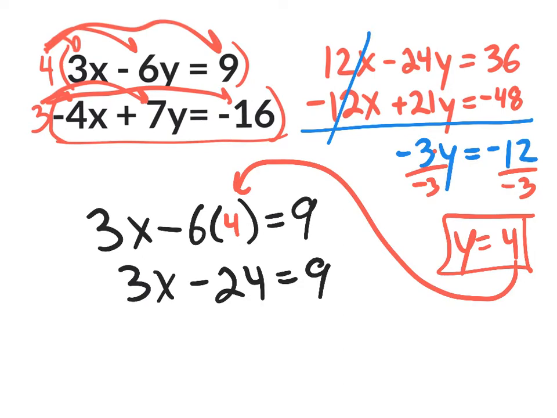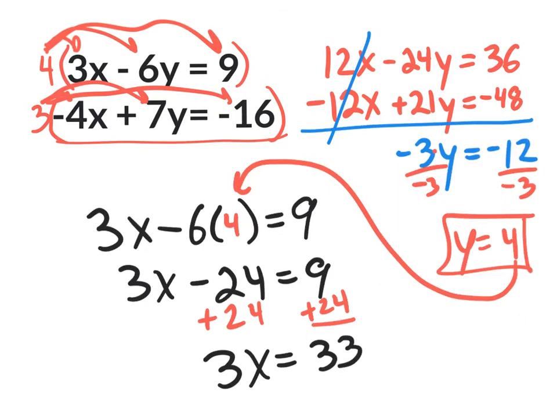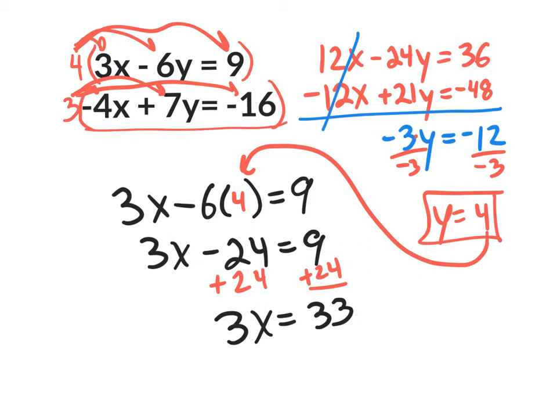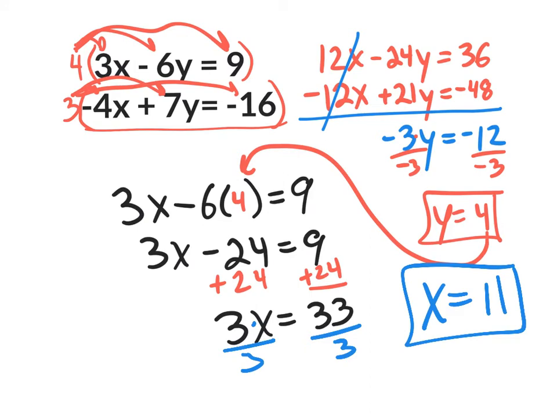So I need to get rid of that minus 24 by adding 24, and we'll have 3x equaling 33. Which means that our last step is to divide by 3, which means x equals 11. Ordered pair, 11, comma, 4.